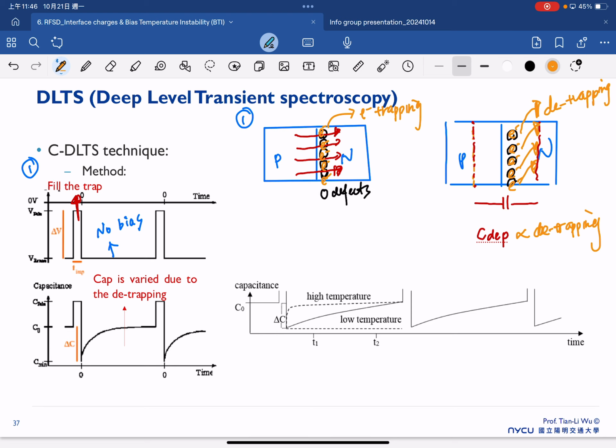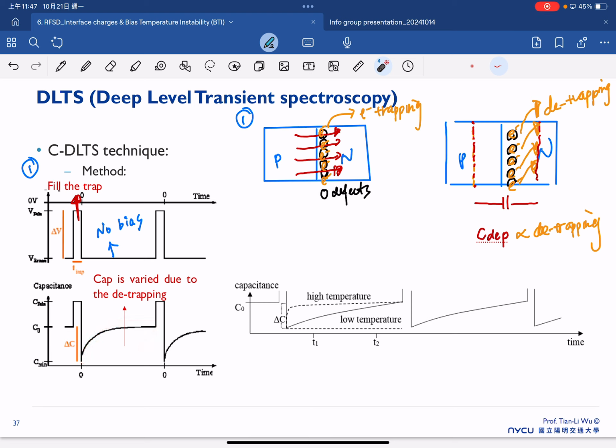So now we can see in the second phase, we stop the bias, and the capacitance changes because a certain amount of charge is decreasing inside the PN junction. So we can expect this charge decrease inside the PN junction will influence the depletion width, and in the end cause a change to the depletion capacitance.